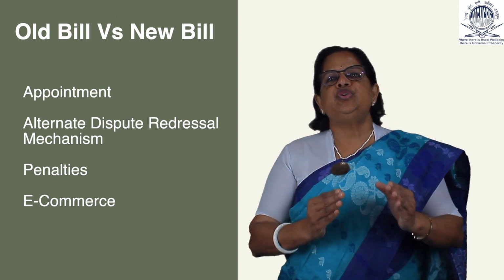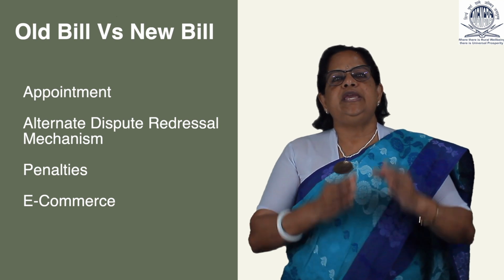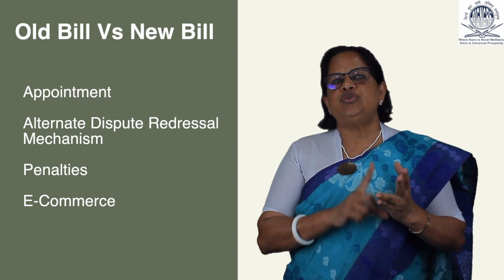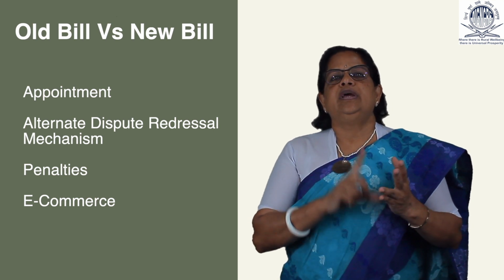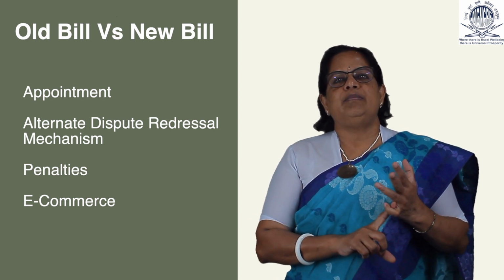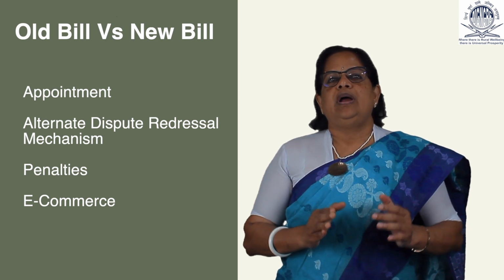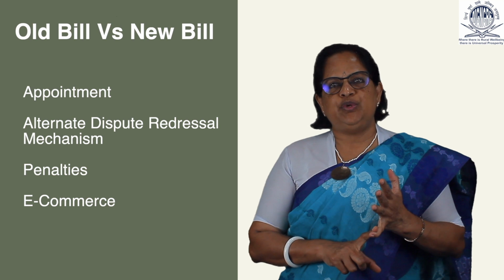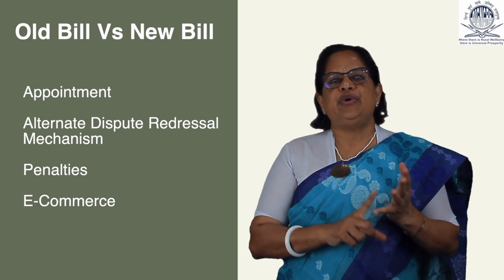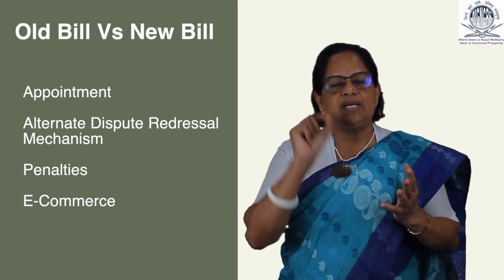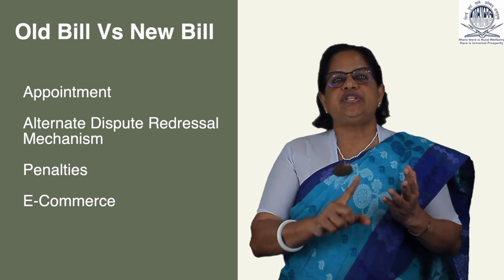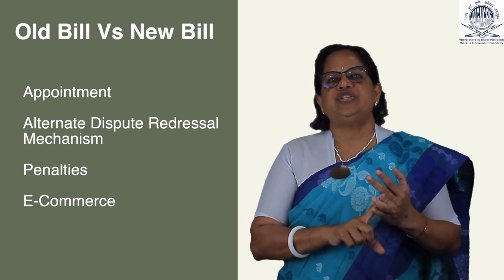Also added consumer-friendly services like e-filing of disputes and raising the pecuniary jurisdiction, that is the claims we can file with the respective commission of district, state and national commissions.